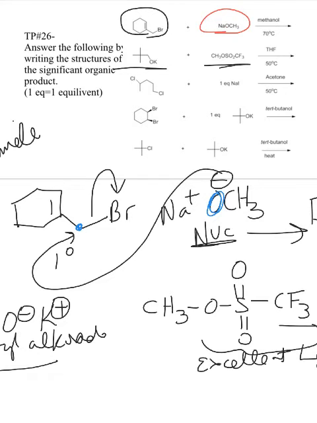So what's going to happen here is it will form an SN2, I think, because that's such a great leaving group and that's a primary.